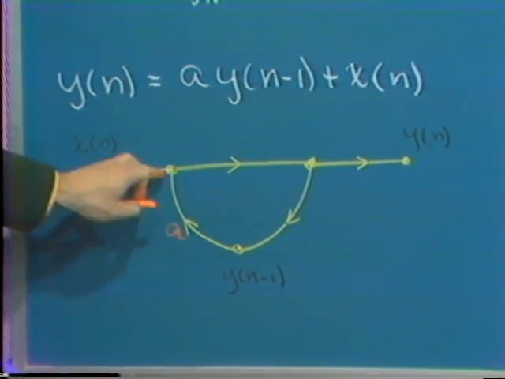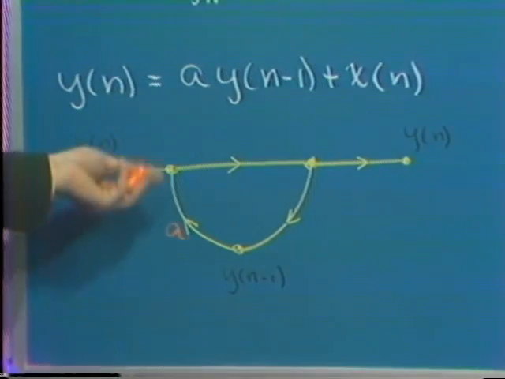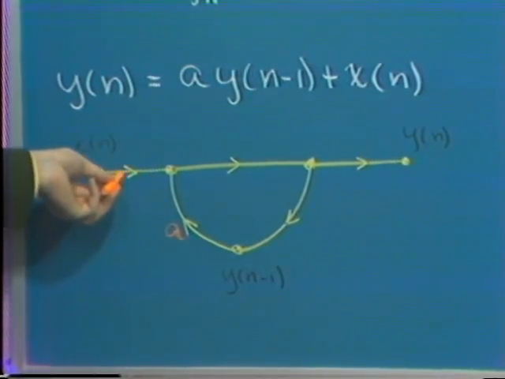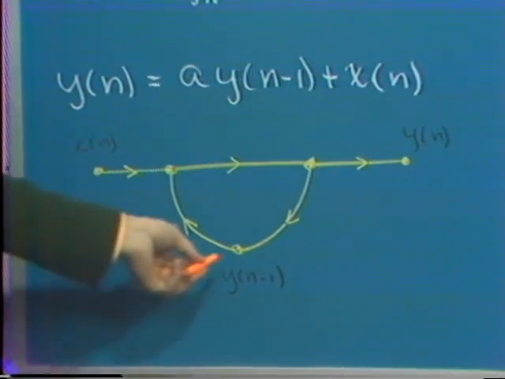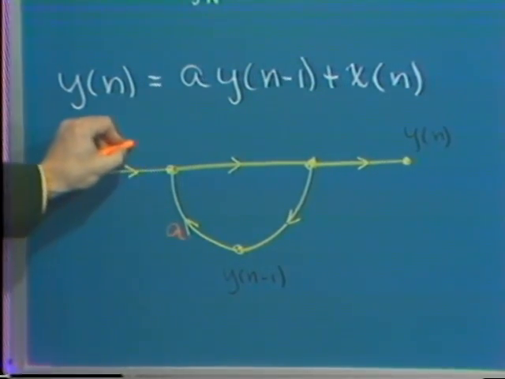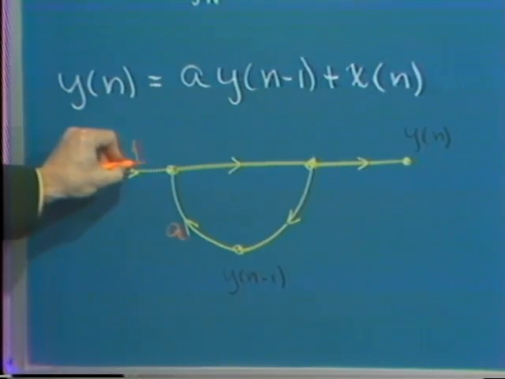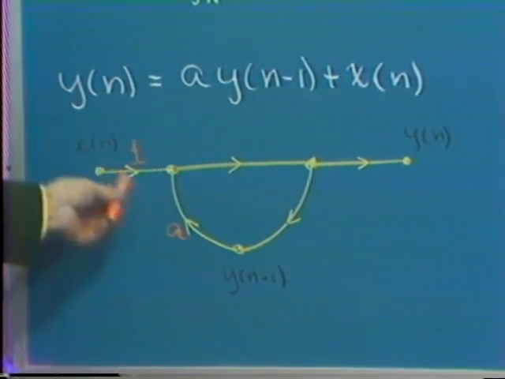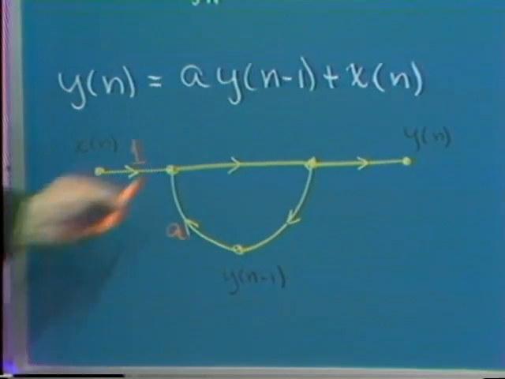And then, because of the algebraic definition at nodes, the value of this node is the sum of this branch and the output of this branch. So if this branch has a gain of unity, then this node variable will have the value x of n plus a times y of n minus 1.